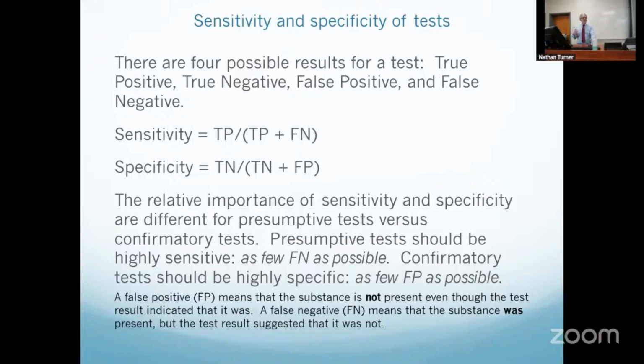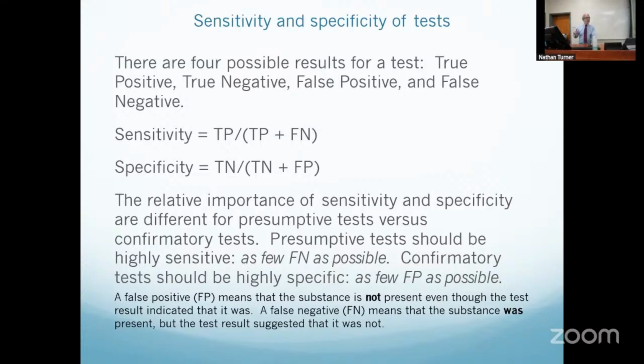Trying to do all of that in one test is hard. Therefore, presumptive tests tend to be inexpensive and minimize false negatives, and confirmatory tests tend to be expensive, but you don't do a lot of them, hopefully. And then you try to minimize false positives.